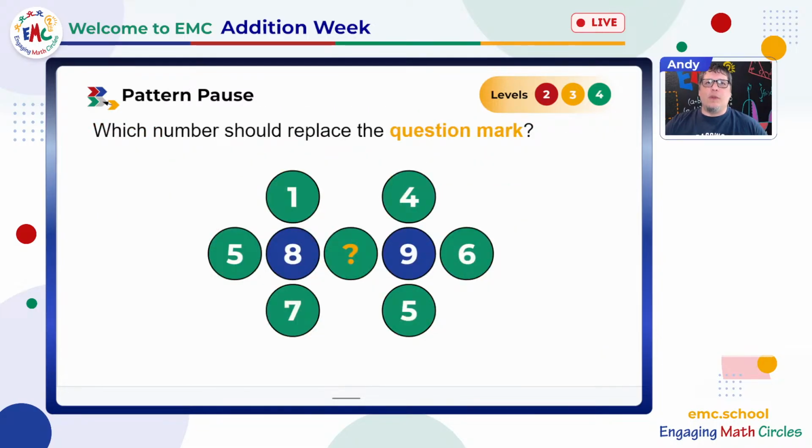What number should go in this question mark? Looking for a pattern here. Might be similar to the first one we did. You have a few moments for those watching. Maybe pause on YouTube.